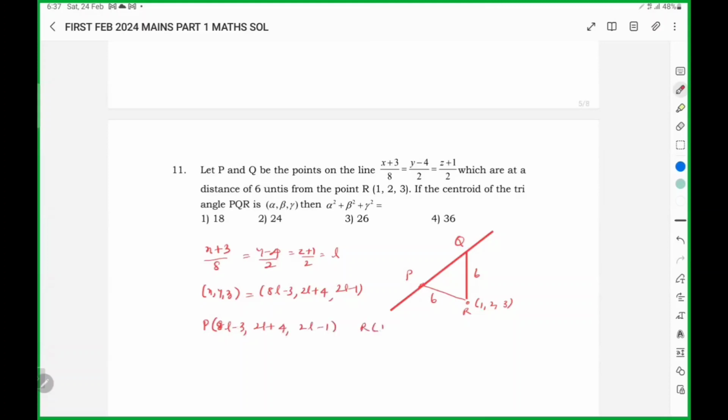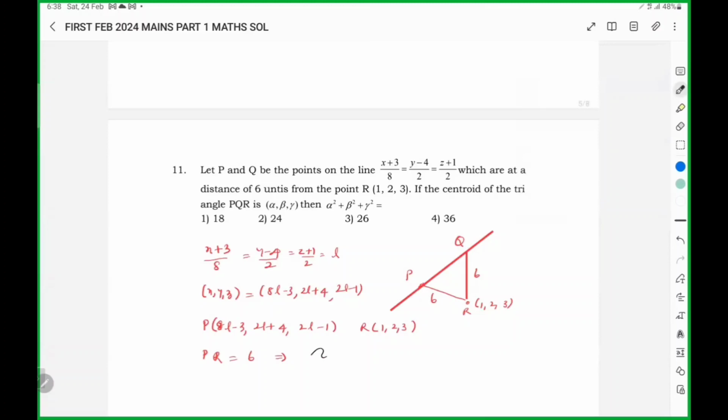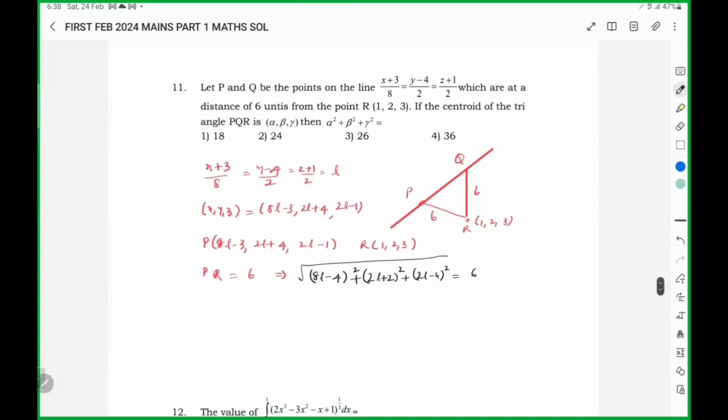R here is (1, 2, 3). PR distance is 6 units. You get here (8L minus 4) whole square, (2L plus 2) whole square, (2L minus 4) whole square, which is 6.